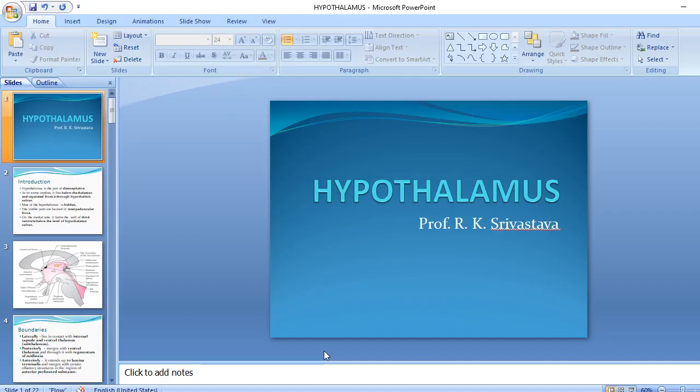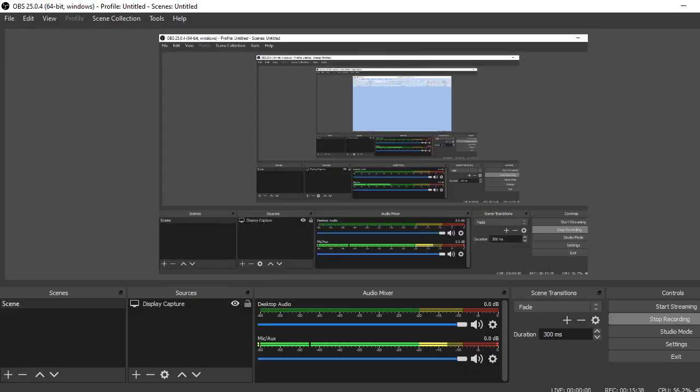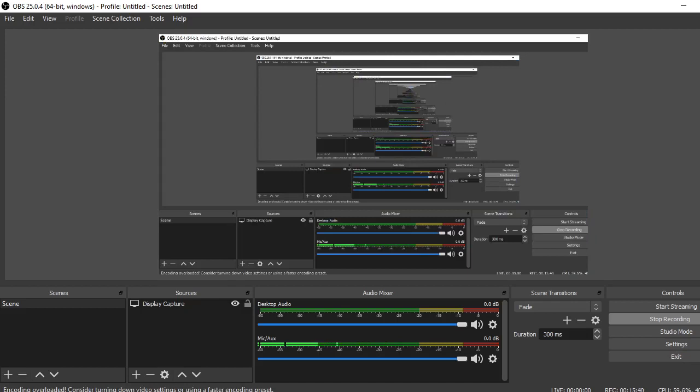So that is all about the hypothalamus, its connections, functions, and the clinical anatomy.